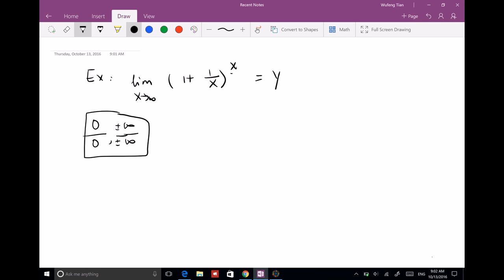Because the power of x here is the main problem for us, we take ln on both sides. Just a little math trick: whenever you see a power that has an x, the first thing you want to do is always try to take ln, because you do not want the power to have an x.